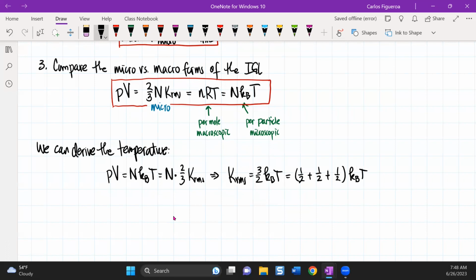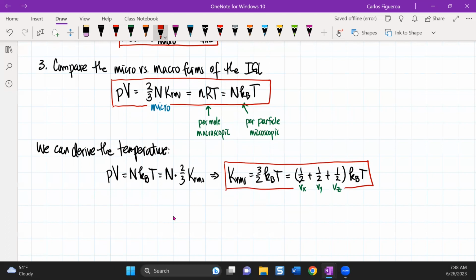So in other words, KRMS gives you values. This is for Vx, Vy, Vz. Once again, that comes from going from a 1D gas to a 3D gas. That's where that 3 value comes from.